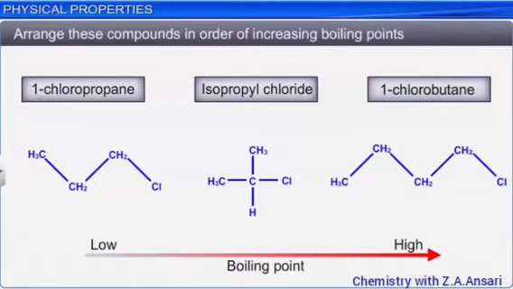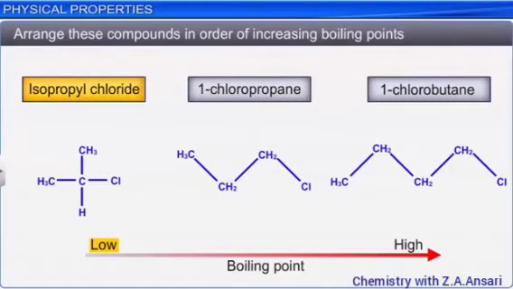The other 2 compounds have 3 carbon atoms each, but 1-chloropropane is a straight chain, while isopropyl chloride is branched. Branched molecules have lower boiling points. So, isopropyl chloride should have the lowest boiling point.